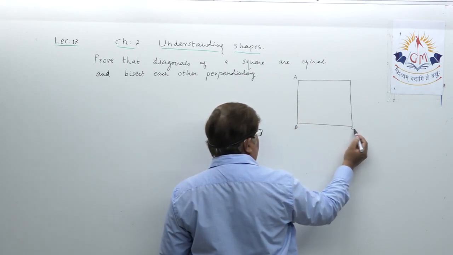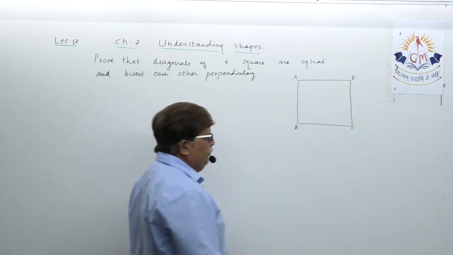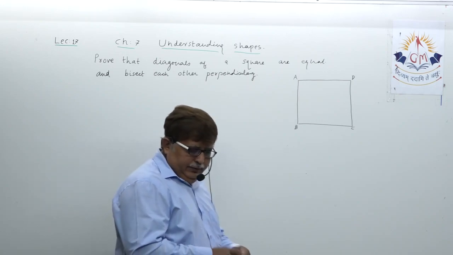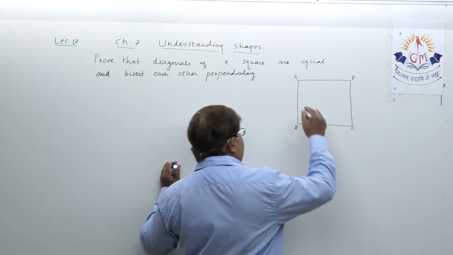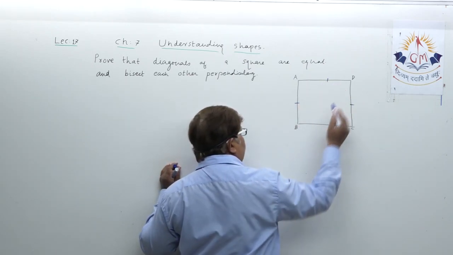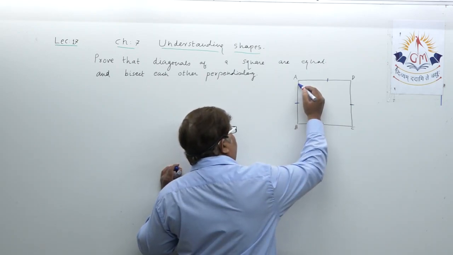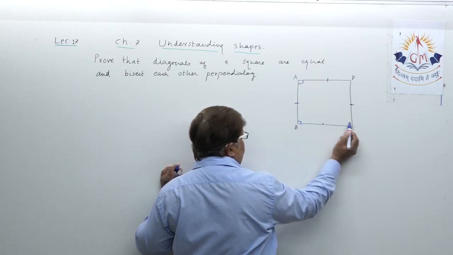In square, let me show you all the properties. What was the first property we wrote in square? That is, all sides are equal. That we all know. Okay. All angles are right angle. That we know.